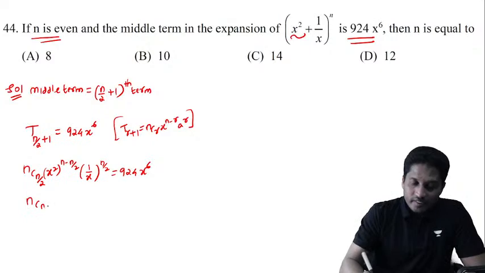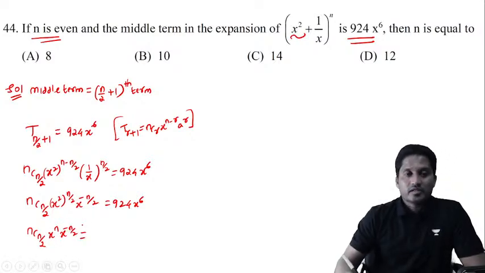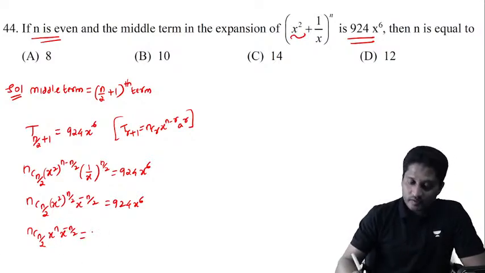This is nC n by 2, x square whole to the power of n minus n by 2, is n by 2. This is x to the power of minus n by 2. This is 924 x to the power of 6.